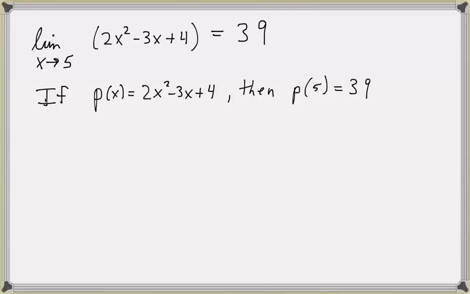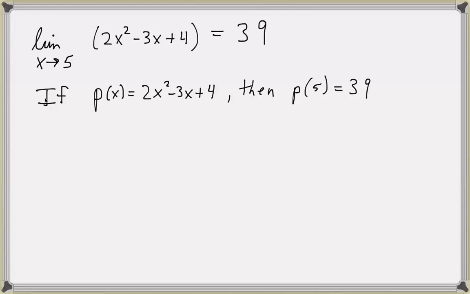So to evaluate the limit of a polynomial function, all we have to do is plug in the limiting value of x, which in this case is 5, into the function.